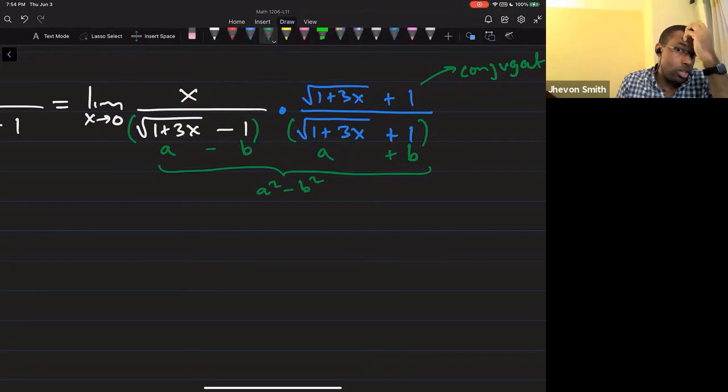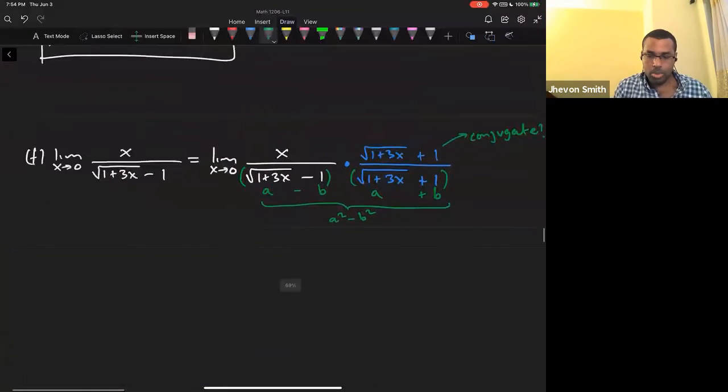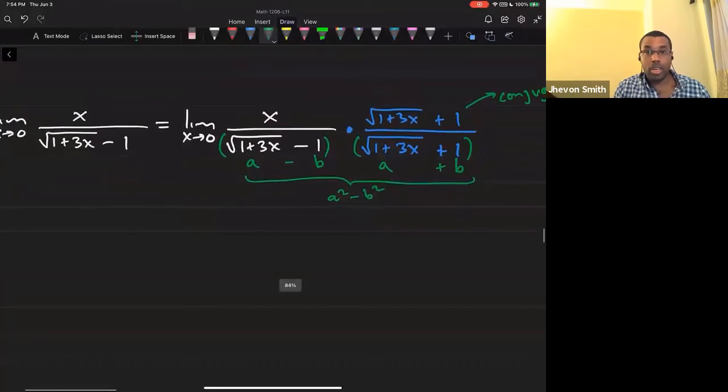So I can actually do this to get rid of the radical, which hopefully will make things a little nicer. So that's why I multiply and divide by the conjugate. And the conjugate, when you have a radical, like things to the half power, you just change the middle sign because it invokes difference of squares. If you had a cube root, it's much more complicated, but I don't think we need that at any point. So yeah, multiply and divide by the conjugate.